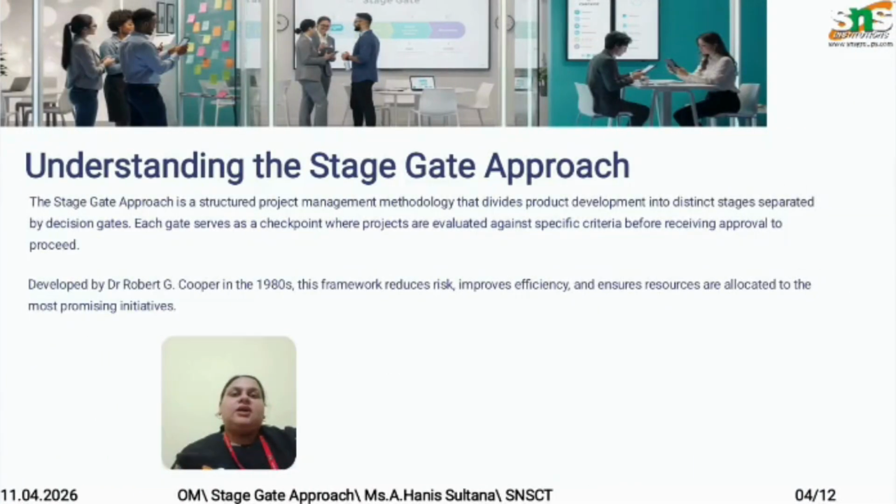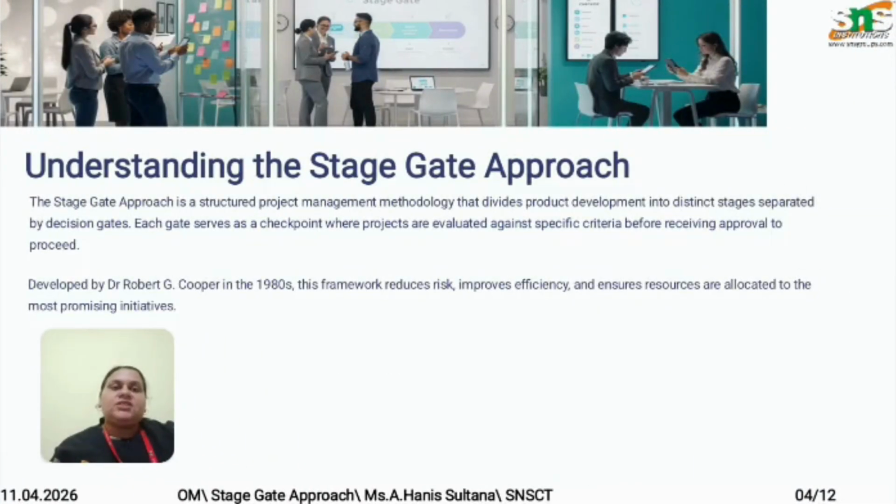Next we have to understand what the stage gate approach is. The topic itself denotes the stage: which stage we are in. We are dividing the production into various stages.